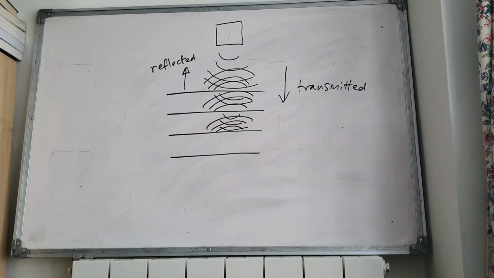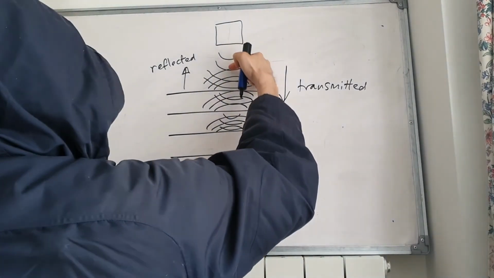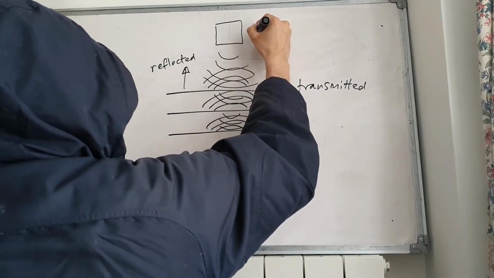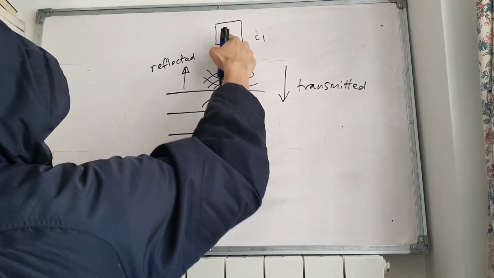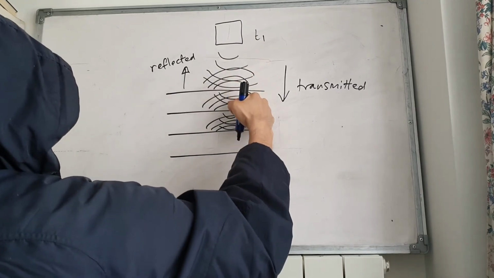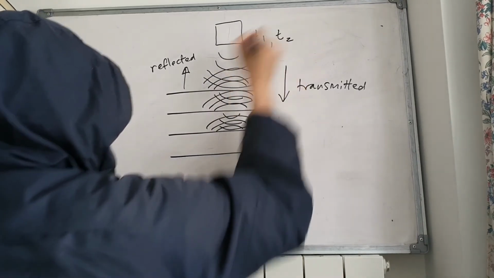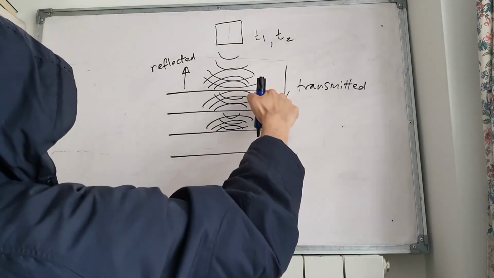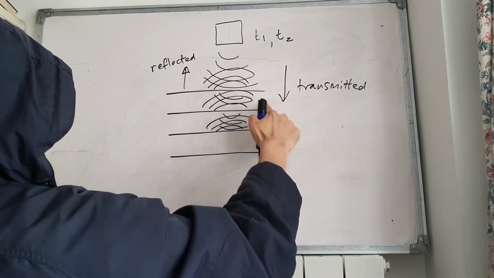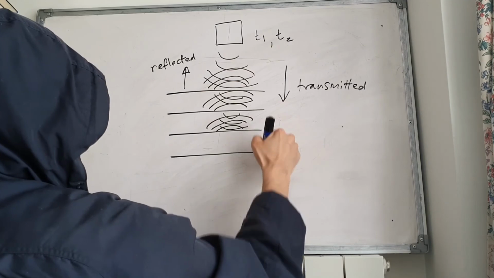Now, because you have different times, as the wave goes through and gets reflected back, you have a time 1 that it receives. And because some of it gets transmitted, but then it gets reflected back, there will be another time, isn't it? So you get different times. So time 1 for this boundary, time 2 for this boundary, time 3, and then time 4.